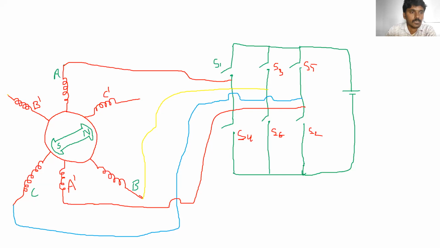This one. Where does it have to be connected? B. Like this. Next, C dash coil.